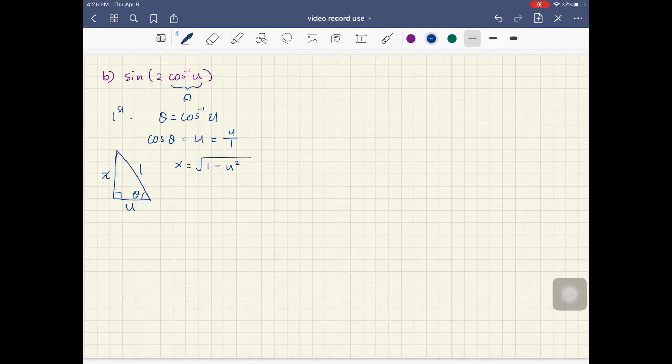Then second step, I need to find sine of 2 cosine inverse of u, which is the same as sine of 2 theta. The double angle formula for the sine is 2 times sine of theta times cosine of theta. So I need to know what sine of theta and cosine of theta are.